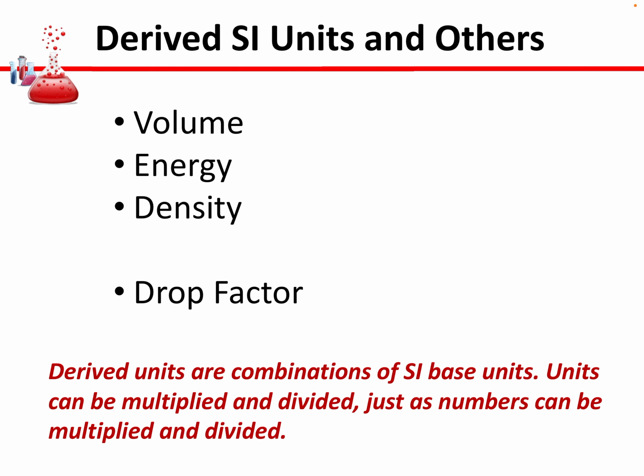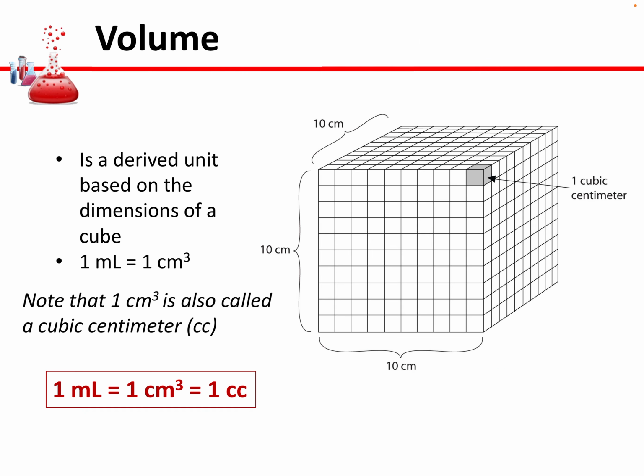We've actually been talking about liters and our unit for volume. Volume is actually a derived unit, as well as energy, density, and drop factor. Drop factor is used often in medical situations where you're administering medication to a patient, say from an IV. You're watching the drops come out, and you got to figure out your drop rate to give them the correct amount of medication over time, right?